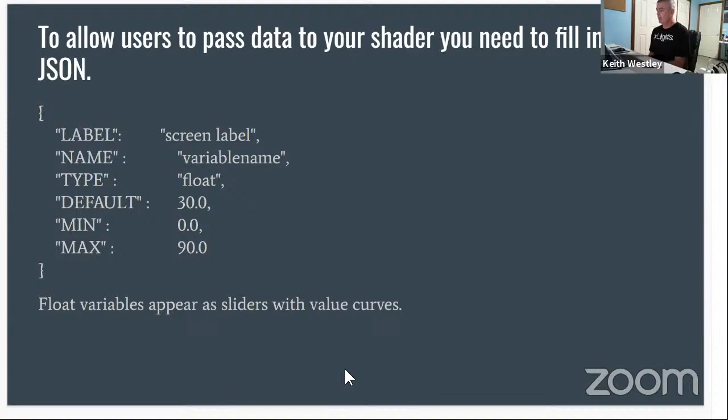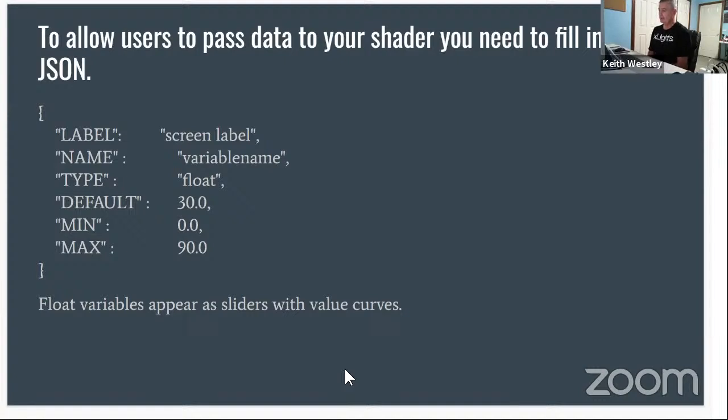And so the first one, and probably the most common one, is a floating point variable. It has a minimum and a maximum, a default, which is typically the default value. I typically use the value that the shader has on the website, but you may choose to actually change that default value to be something that's more likely to work on the types of resolutions that we use in xLights.